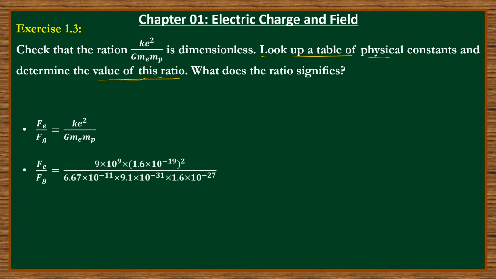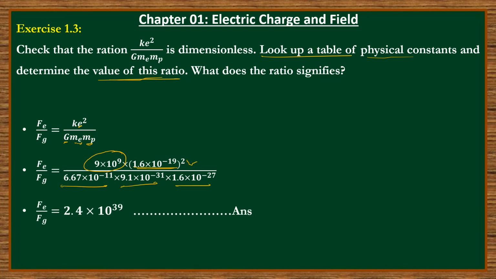So let us put the values. This is k, the charge on both is the same so it is squared, then the G value we know, the mass of the electron we know, the mass of the proton we know. If you don't know, see the table in the NCERT book and put the values, and if you calculate this, we will get this answer. So this ratio we have calculated.